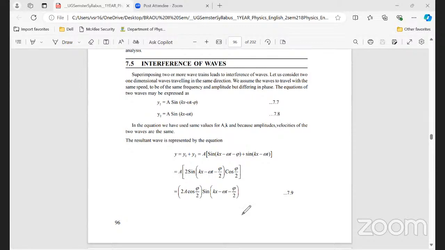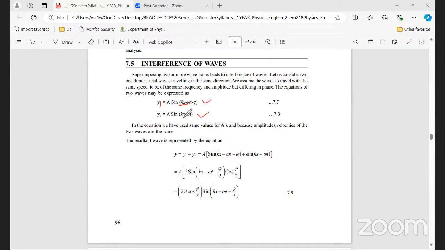The equations of the two waves are: y1 equals a sin(kx minus omega t minus phi), and y2 equals a sin(kx minus omega t). The two waves differ in phase: here kx minus omega t minus phi, there kx minus omega t.